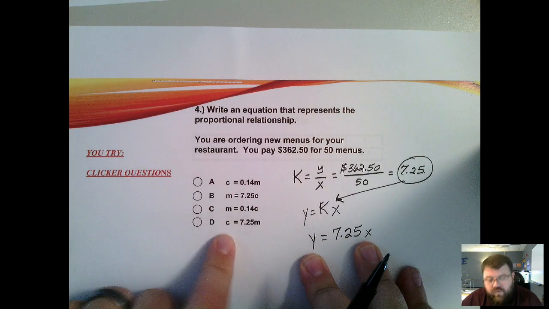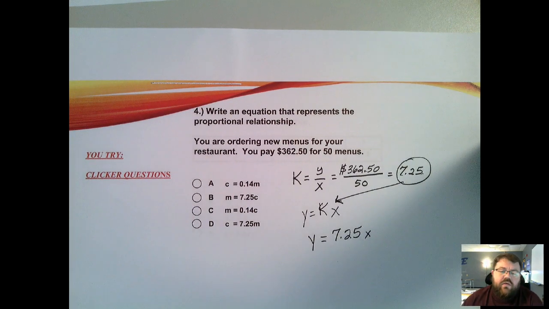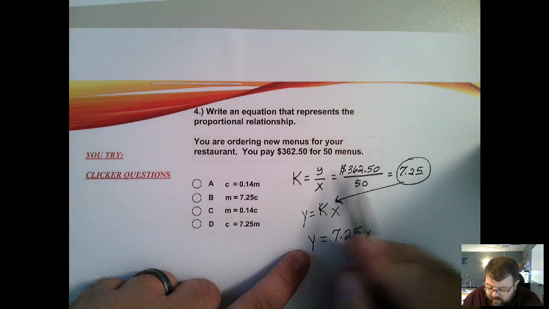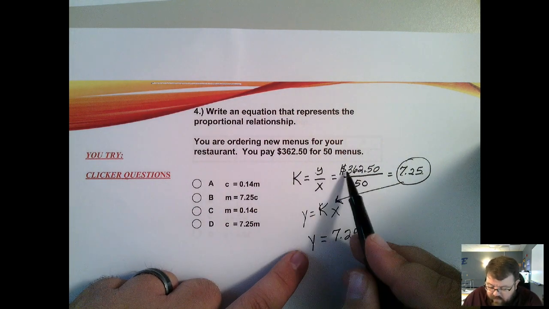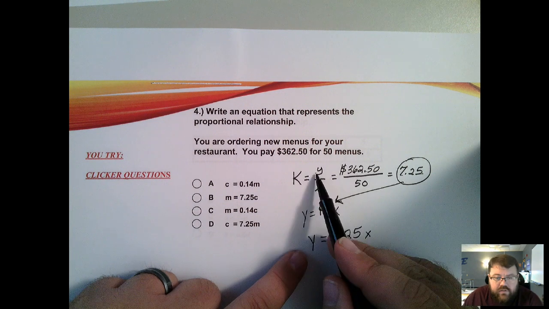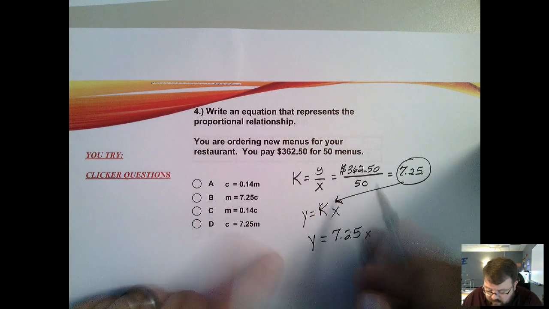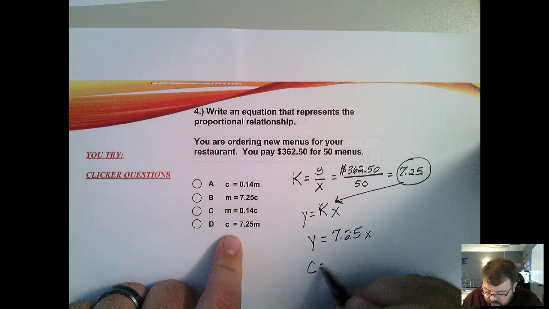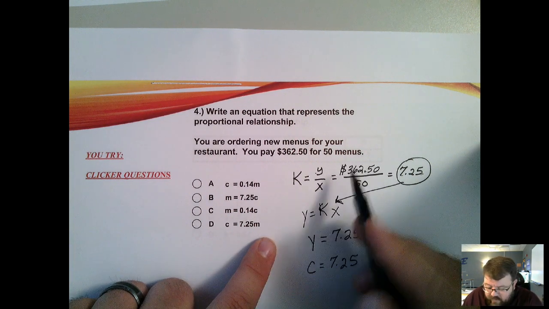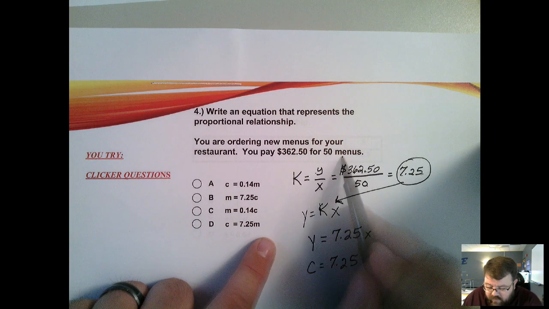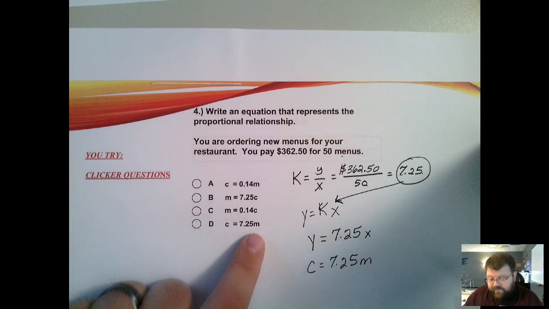But then, which one of these does it correspond to? Pause the video and answer the question. Okay, y is money, so we're talking about the cost. So cost is equal to 7 1/4. X is the menus, so it's M.